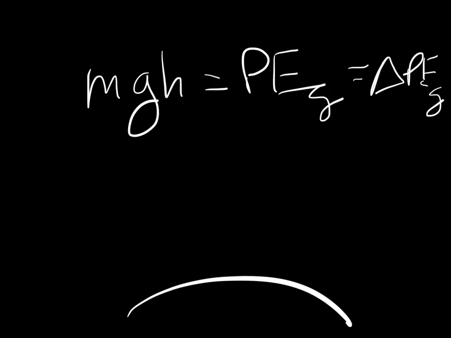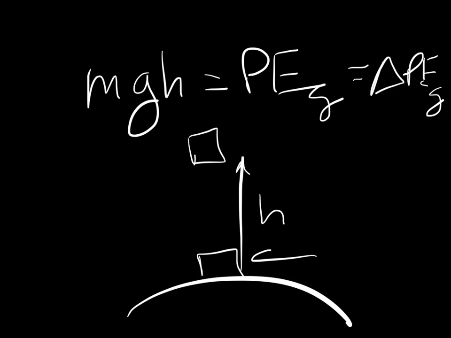So if you have a box that's on Earth, and then you raise that box up to a height h, right? Does it make sense to you that that box on Earth, right here, has a PEG? Because the box and the Earth do not share the same center, right? The centers of mass of those two objects are separated by the radius of the Earth. And how would you know this is true?